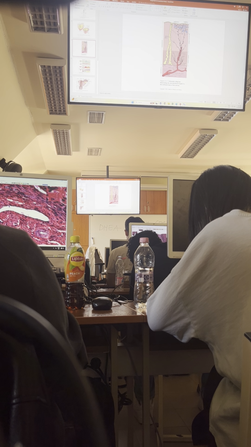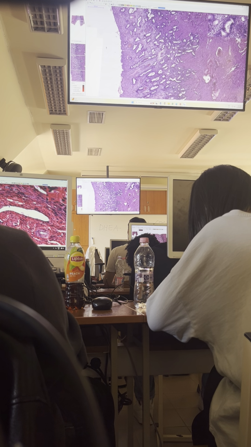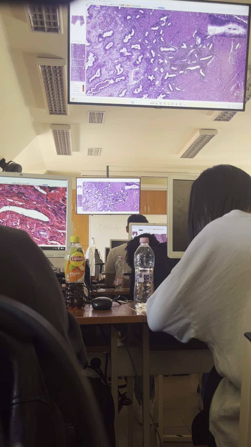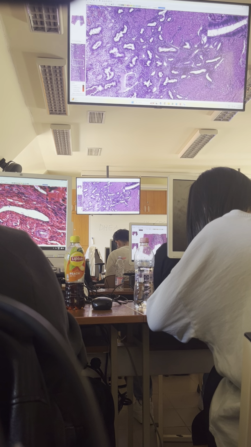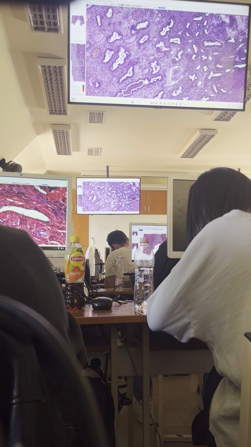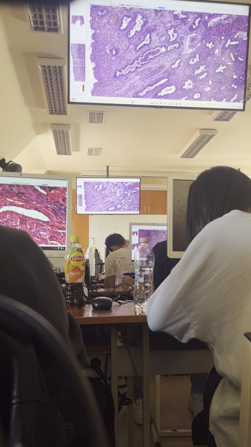And maybe return to this drawing later. So here in the basal layer, you can see that the glands have a really straight course, okay? They are rather straight. But here in the spongy layer, they are becoming curvy. Can you see? Curvy. Especially this one. So, like this, spiraling.